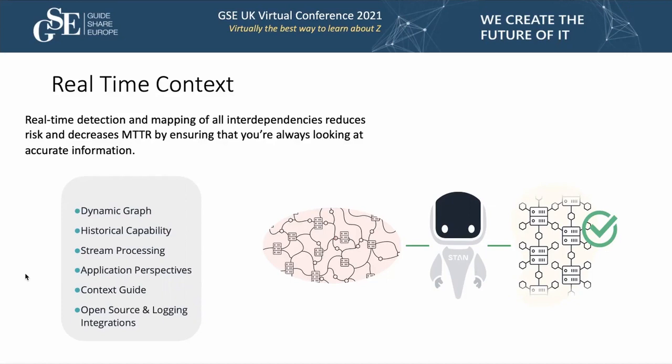And some of the things that we can do here to help is really take a look at the infrastructure that goes through this. So dynamic graphing of how everything relates to each other as we flow through the system. Having a look at application perspectives, so having a view of the things that are important to you.